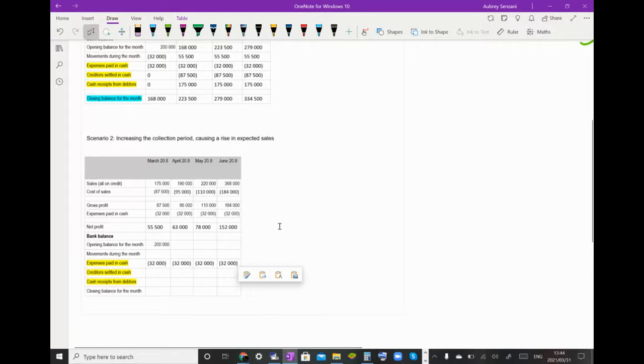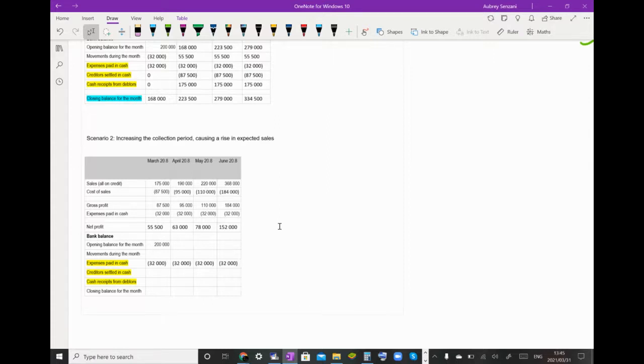So what are they saying here? Remember, in the second scenario, they're saying increasing the collection period causes a rise in expected sales. Remember I asked you guys why that is the case. If we read the top, they said the debtors collection period should be extended to 60 days.